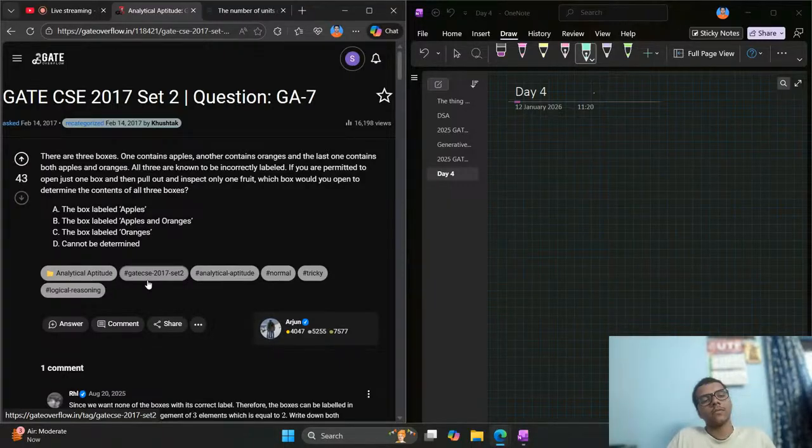All 3 are known to be incorrectly labeled. If you are permitted to open just one box and pull out and inspect only one fruit, which box would you open to determine the contents of all 3 boxes?